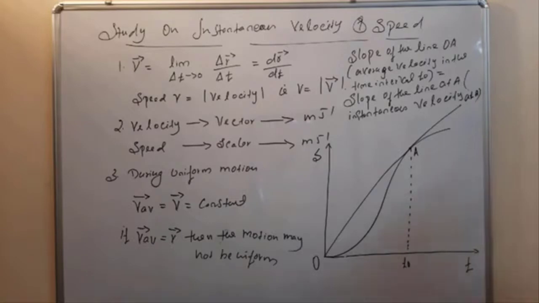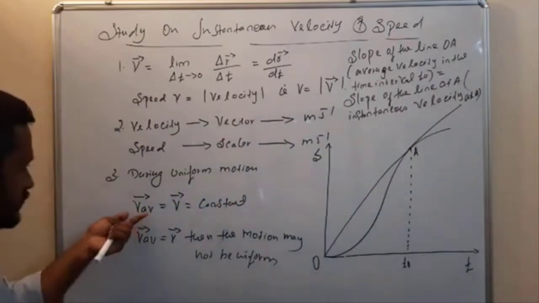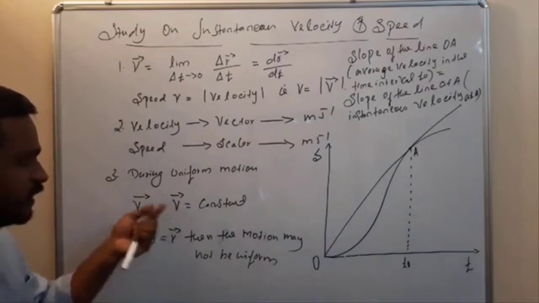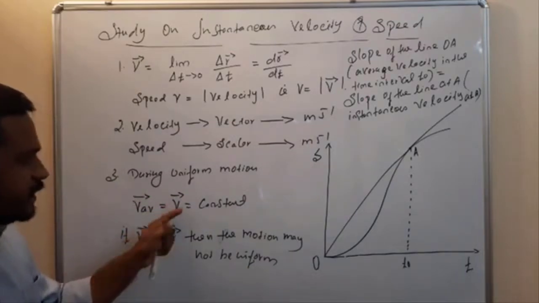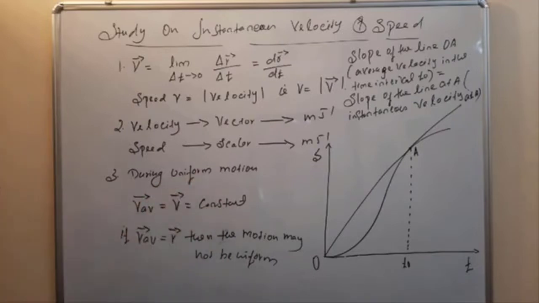That's why I said average velocity equals instantaneous velocity equals constant only during uniform motion.